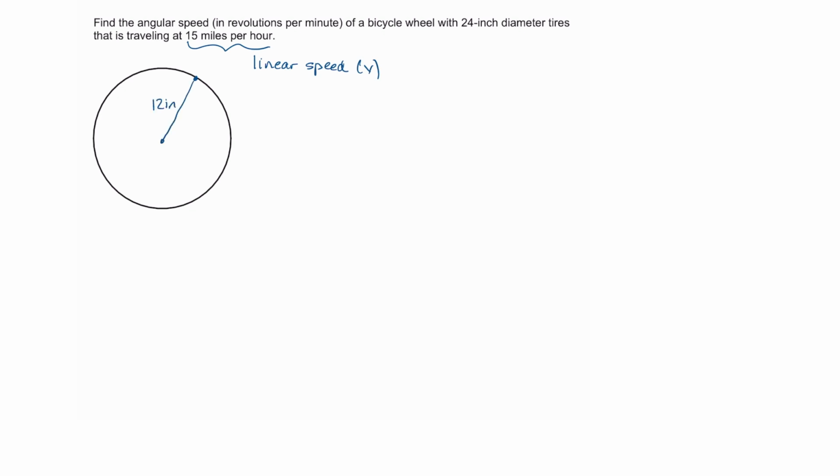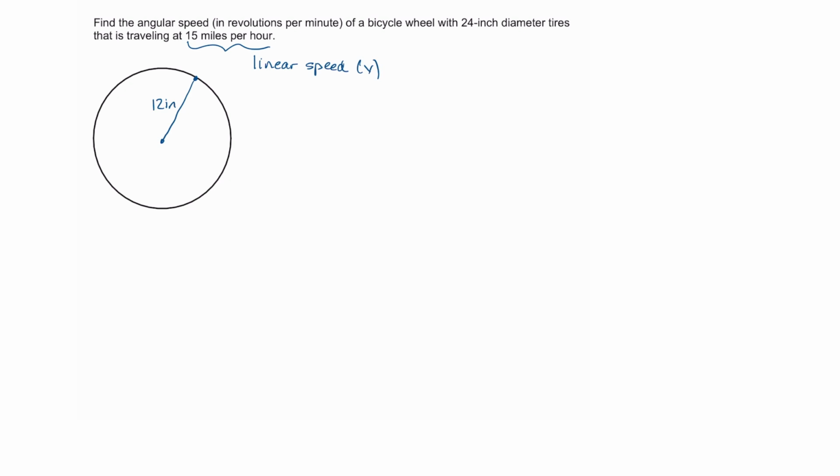Now the linear speed is measured in miles per hour. So that means we need to convert either inches to miles or miles to inches. It's much easier to convert miles to inches because there's a lot of inches in a mile, but the number of miles in an inch is very, very small. It's going to be a decimal and very difficult to work with.